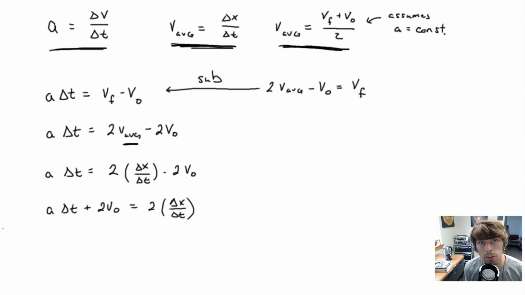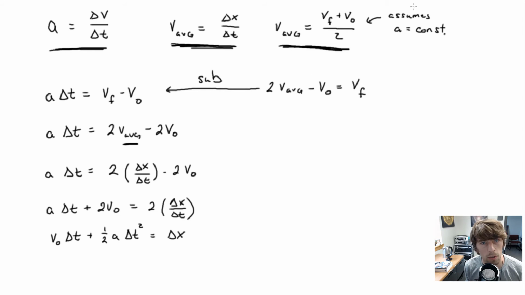And now I'll go ahead and multiply everything through by delta t divided by 2. So if I do that, I'm going to swap the order here, I end up with v naught delta t, so the 2 cancels the 2, plus no 2 in front here, so I have 1/2 a delta t squared equals delta x.